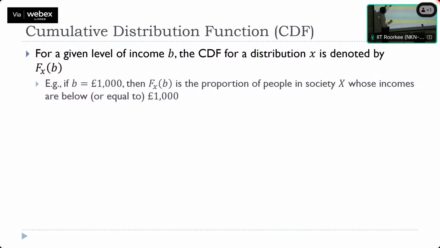So if P is say 1,000 pounds, you could use 10,000 rupees, however you do, a particular value. If P is 1,000 pounds, then the cumulative distribution function for that value is the proportion of people in the society whose income is below this 1,000 pounds. This is what the cumulative distribution is. So you set 1,000.